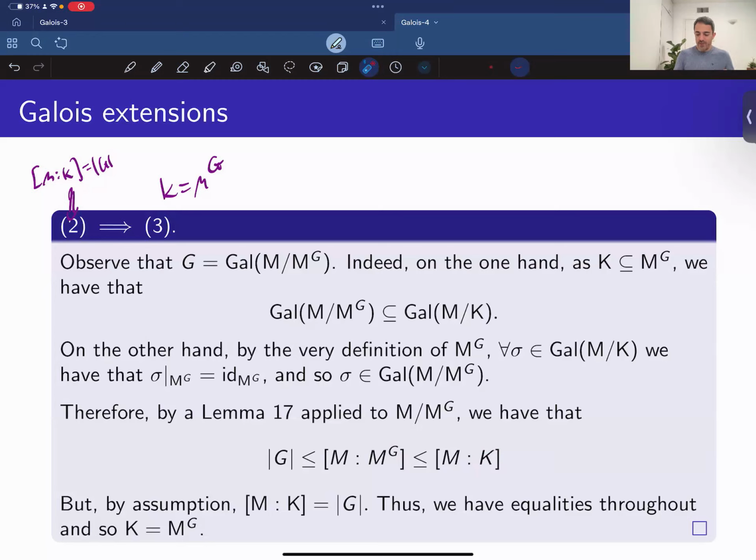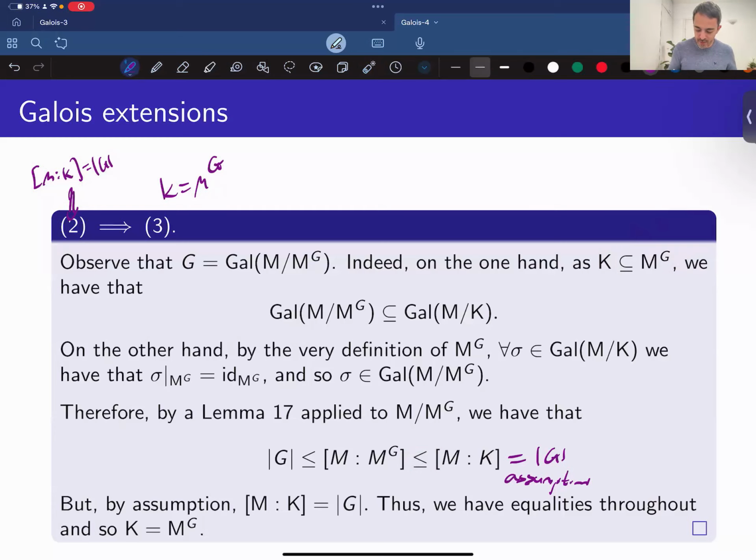But so far we haven't used the assumption, but the assumption closes the cycle, because the assumption is that the extension is of size G. This is the assumption. And so we get equalities all the way, which in particular means that M^G equals K. Because K is a subset of M^G, so the only way around it is for M^G to be K.